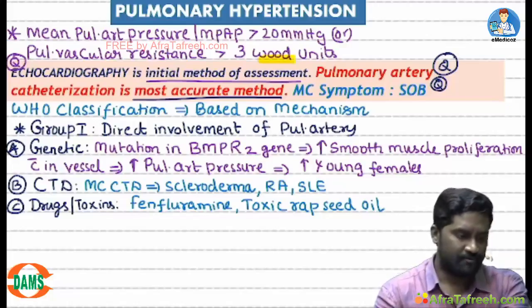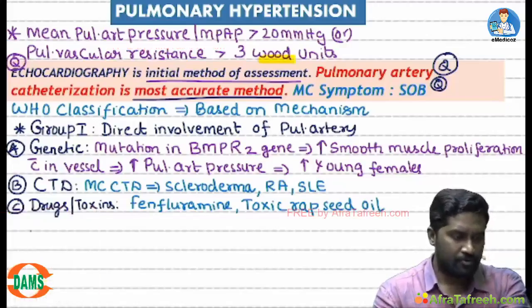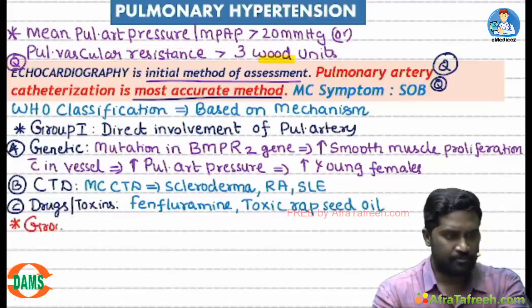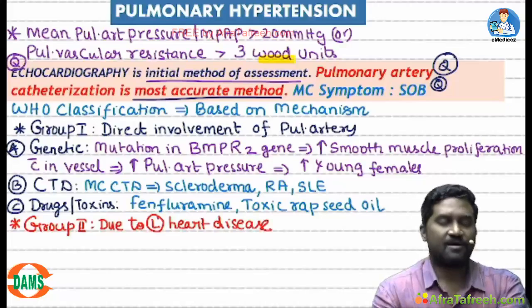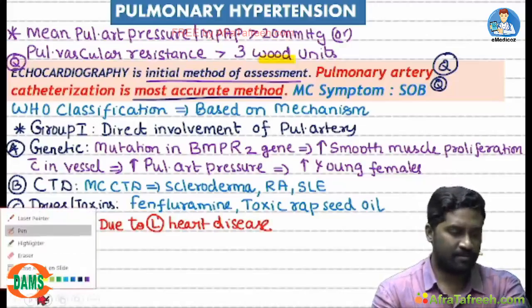This is group 1. Now coming to group 2 pulmonary hypertension. Group 2 is due to left heart disease. We know that left heart disease can cause pulmonary hypertension.